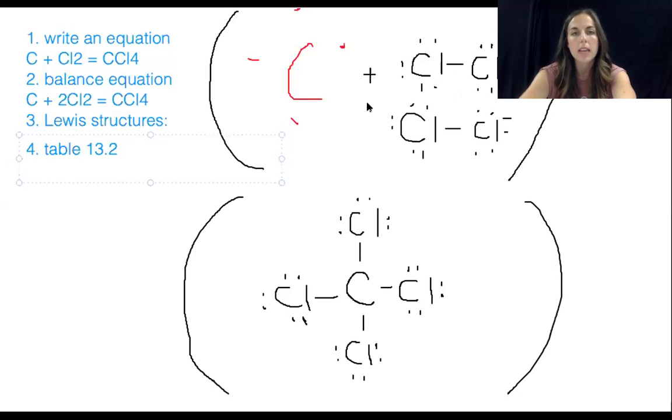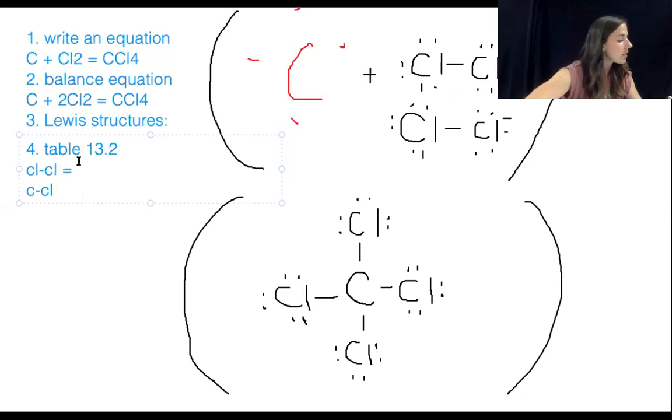So I'm looking at Cl to Cl, single bond, and I'm looking at carbon bonded to Cl. That's all I have here. So I'm looking at carbon to Cl, single bond. Uh-oh, we're running out of time. Okay, we'll wrap it up.